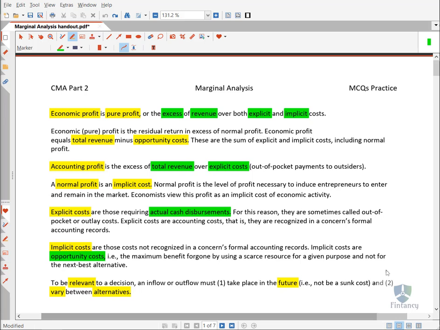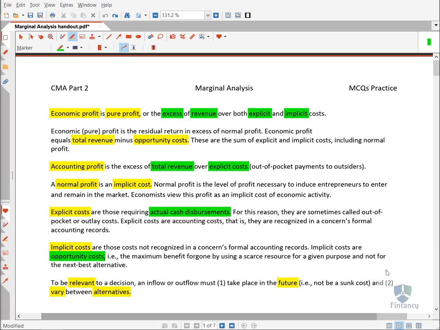Now if you remember, I have already shared with you this handout and also the MCQs which we are going to do today. So I hope you have already seen that. Let's start. Now this area is part of the decision analysis section of CMA Part 2, right?